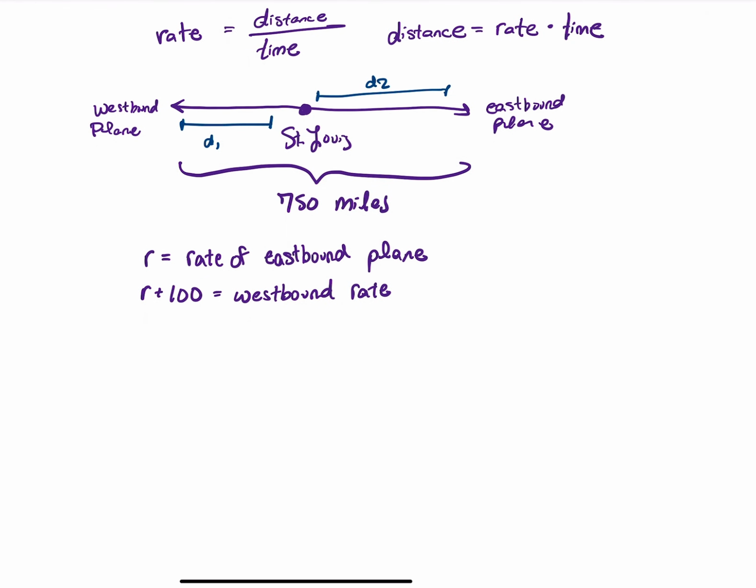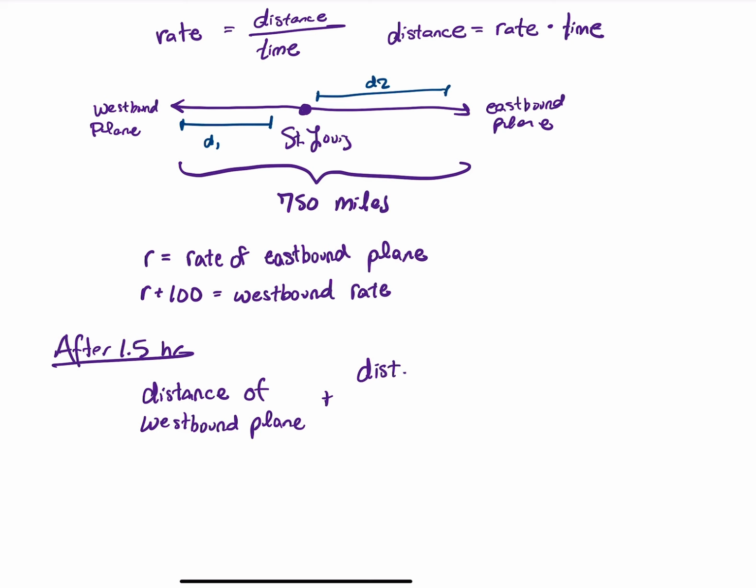So we know that after 1.5 hours, so that's a time value, the distance of the westbound plane plus the distance of the eastbound plane adds up to 750. So we're writing out what our equation is going to be.